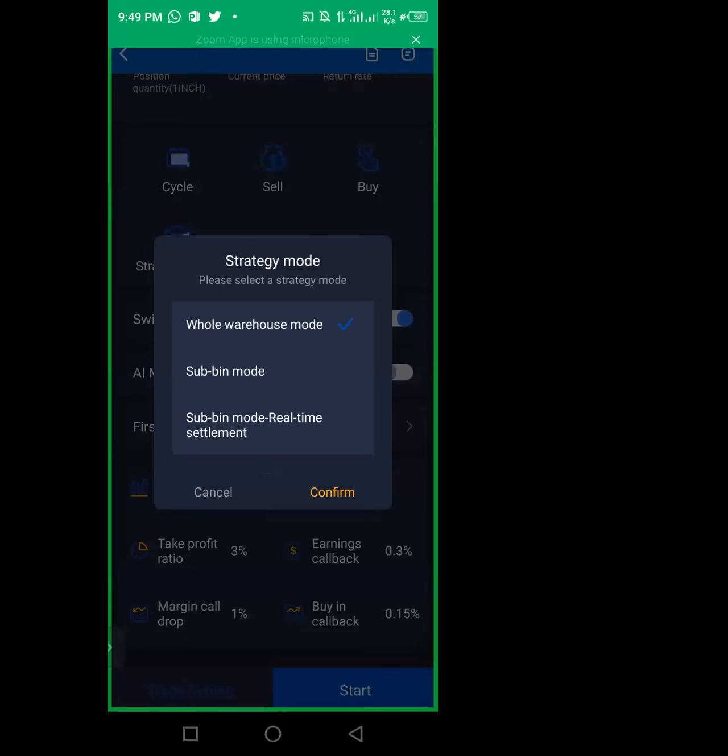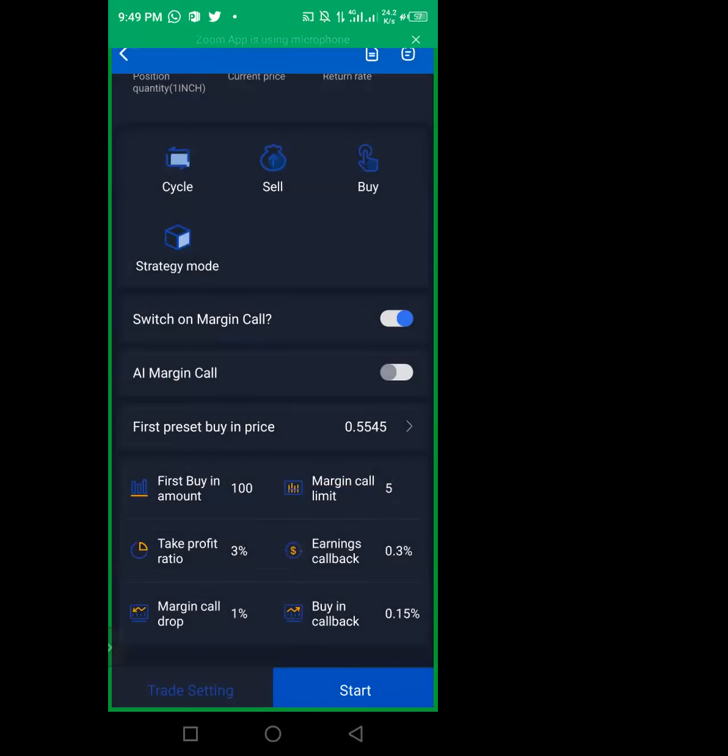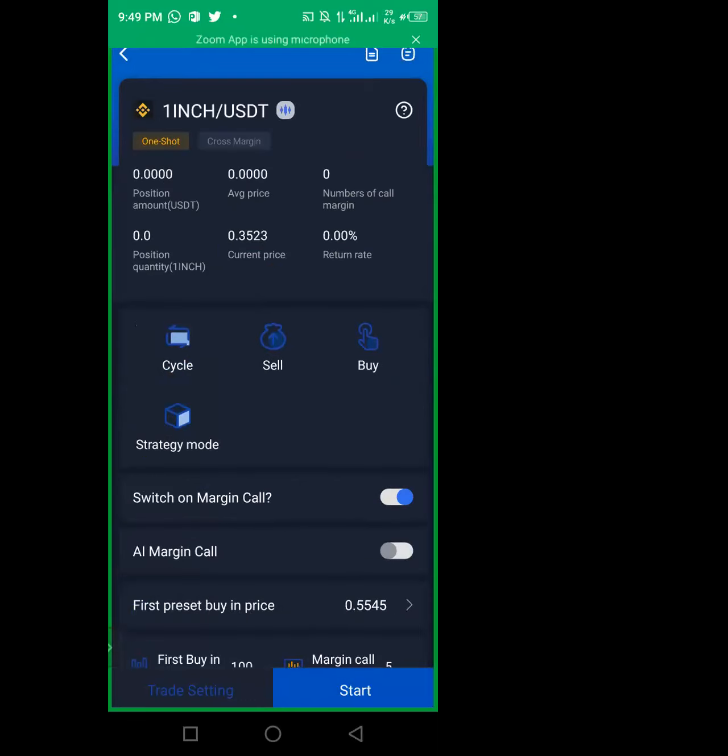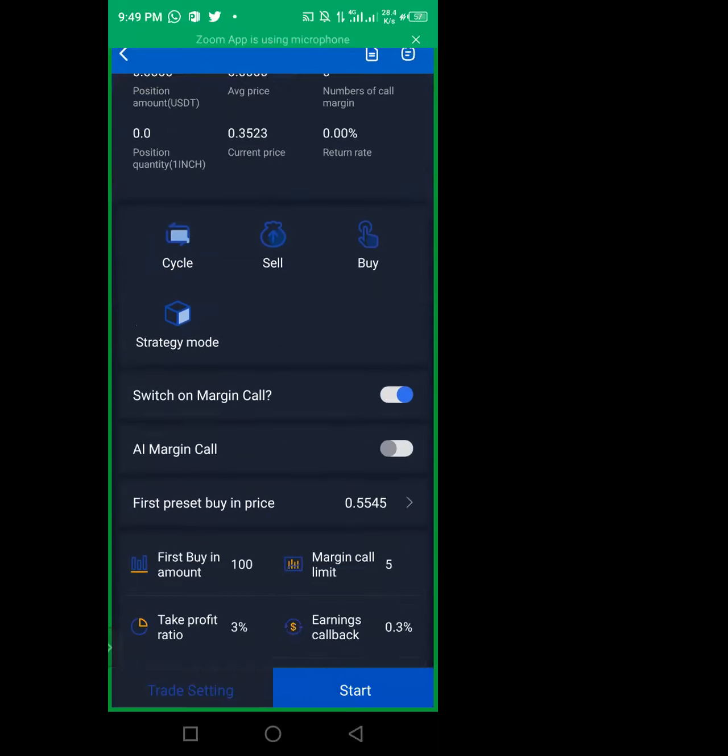Your first buy plus any of the margin 1 to margin 4 that the robot later buys, it will sell as a whole and calculate your take profit ratio, the percentage of your take profit, on your first buy plus your margin 1, margin 2, margin 3, margin 4, if the robot buys them. So you see all of them will now come to your position amount in USDT. You will see all of them if the coin drops by that 4% and it buys all your margin 1, margin 2, margin 3, margin 4.